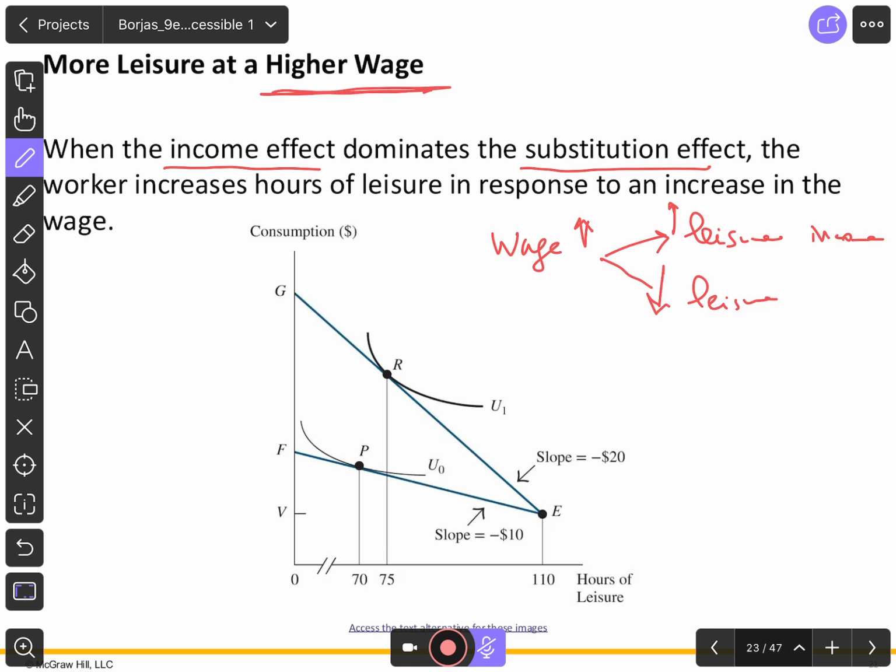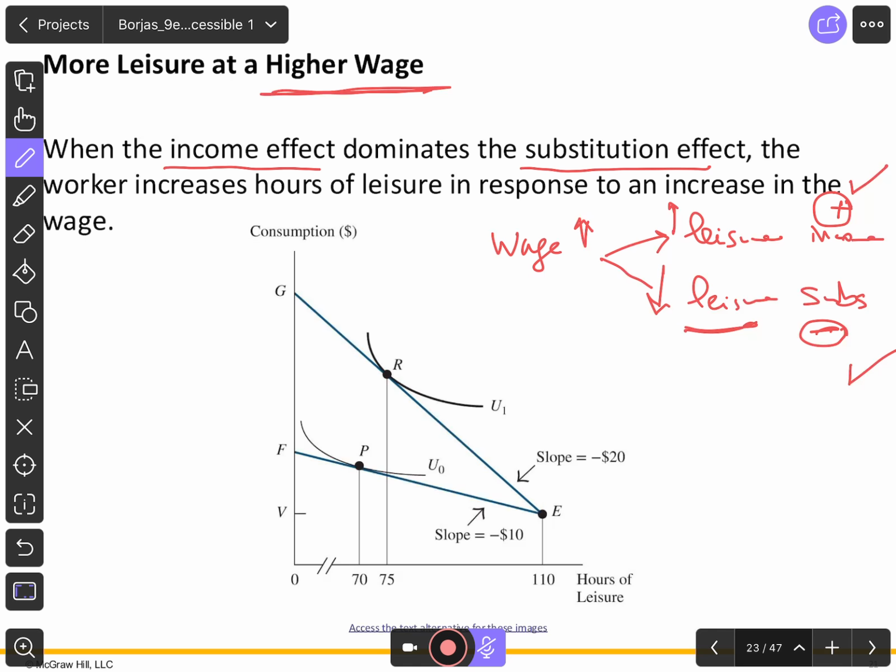If I buy less, then this is called the substitution effect. You are substituting work for leisure. The one that has a positive impact is the income effect. The one that has a negative impact is the substitution effect. So if the end result is positive, then the income effect dominates the substitution effect. If the final effect is negative, where wage increases and I reduce leisure time, then the substitution effect dominates the income effect.